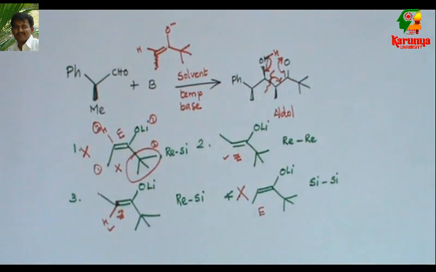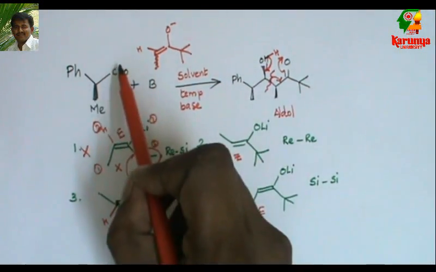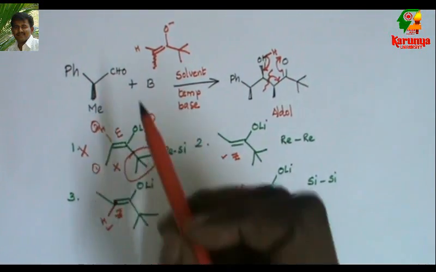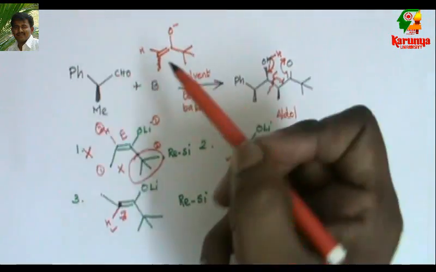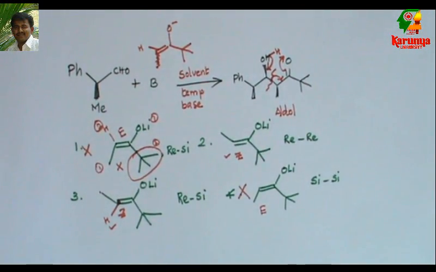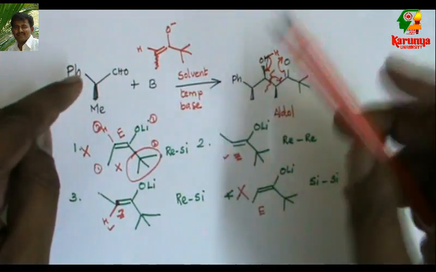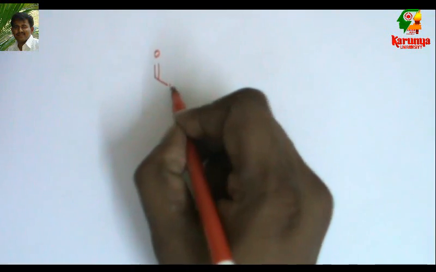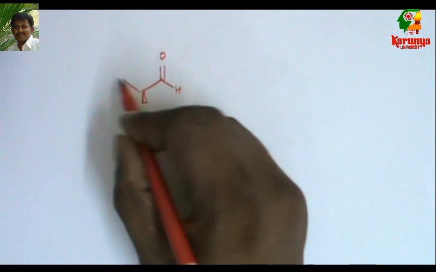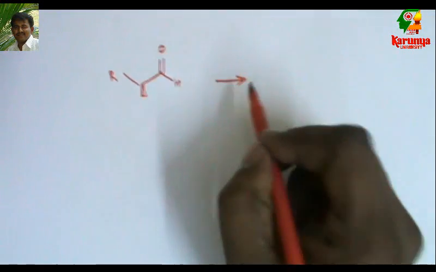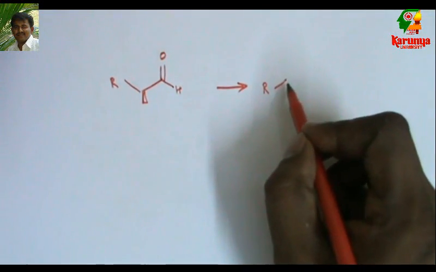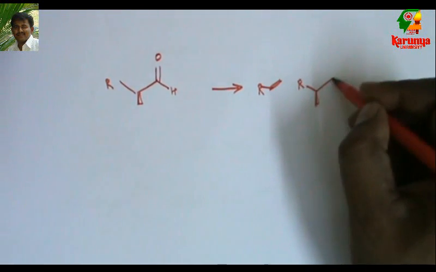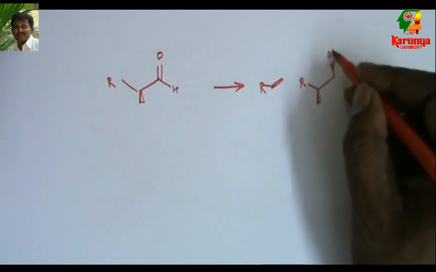is attacked? For the product, you can see that the alcohol is a thick line. That means the enolate attacked from the bottom. So we have to view the molecule from the bottom and assign the configuration.